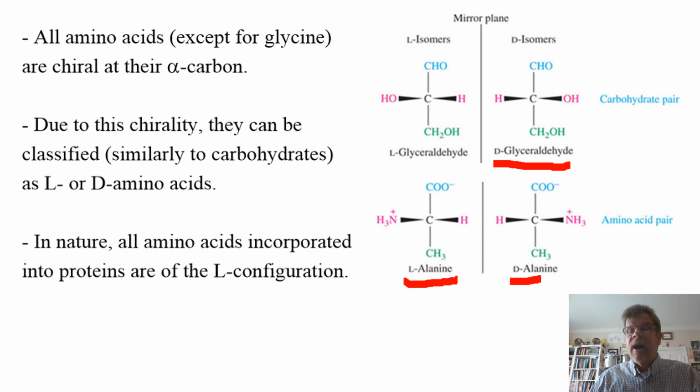The D amino acids do not exist in nature, just like L monosaccharides do not exist in nature. There are some exceptions, however, but for the vast majority, there is only one particular enantiomer which is expressed in nature.